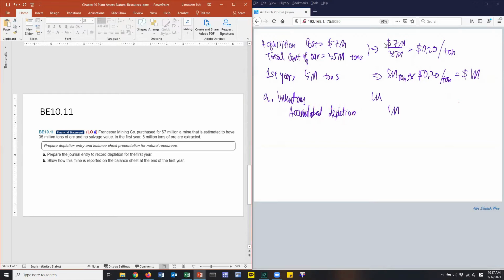No, in the natural resources case, as you deplete, you have more and more inventory, ores that are ready to be sold, which is literally inventory. So that's the difference.